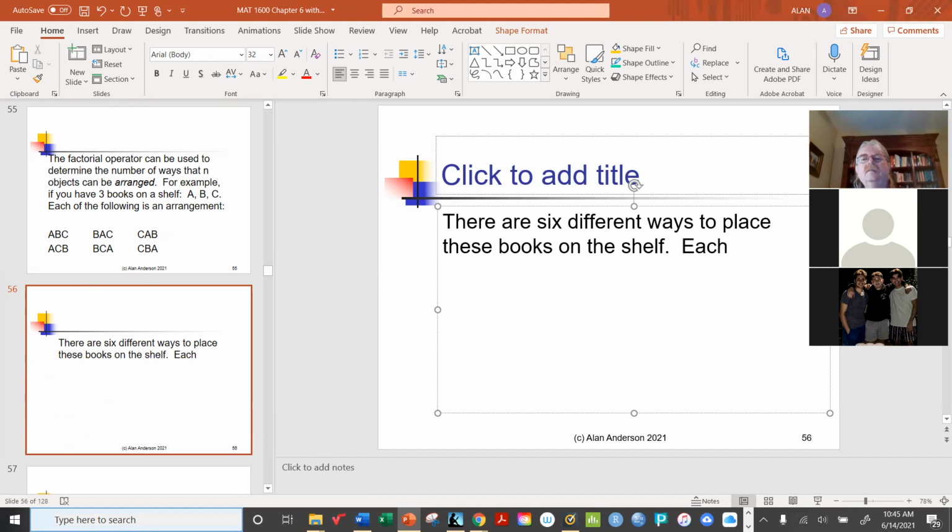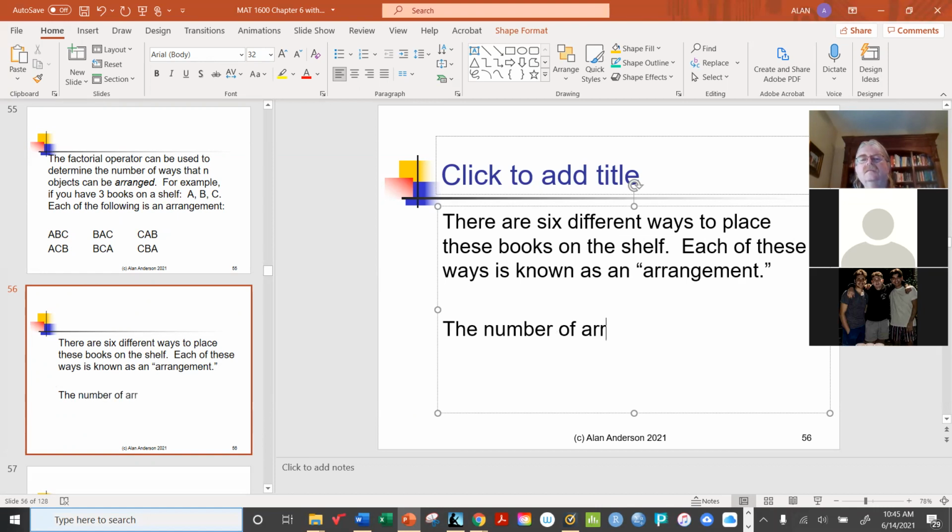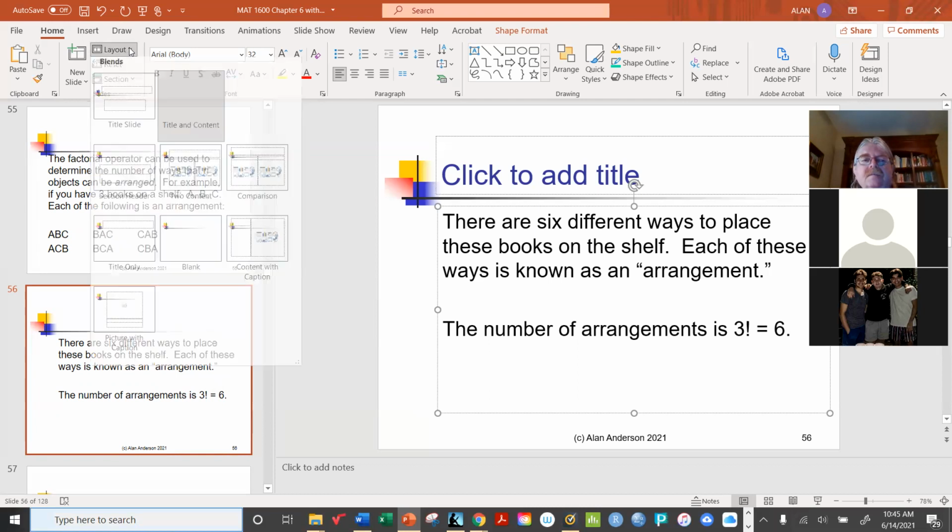Each of these ways is known as an arrangement. The number of arrangements is 3 factorial, which equals 6. It's not a coincidence. Because you have 3 books, the number of arrangements that you can create with them is 3 factorial, which is 6.